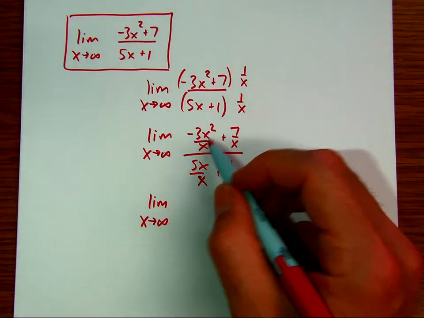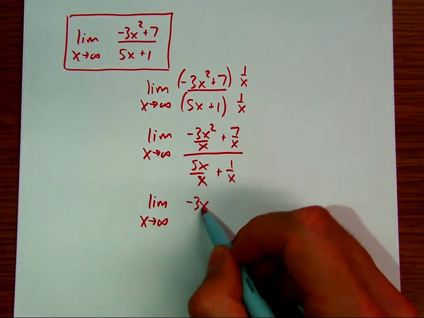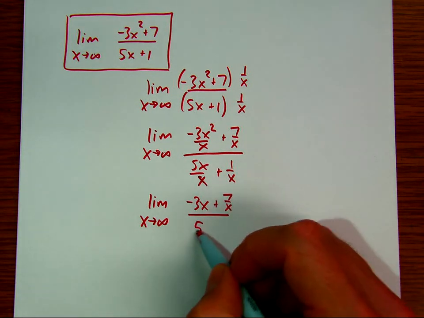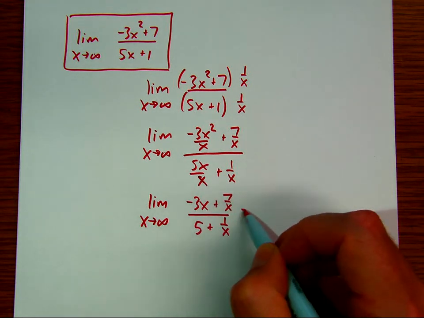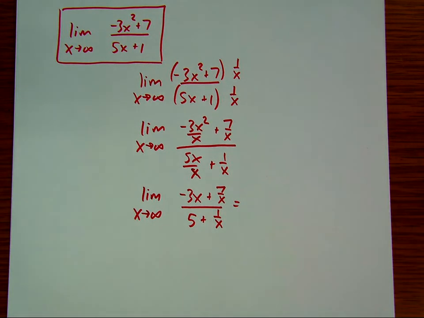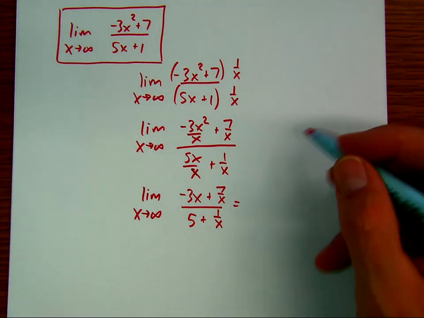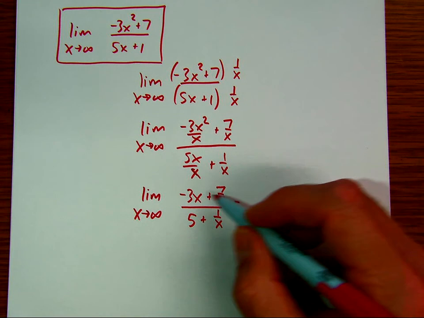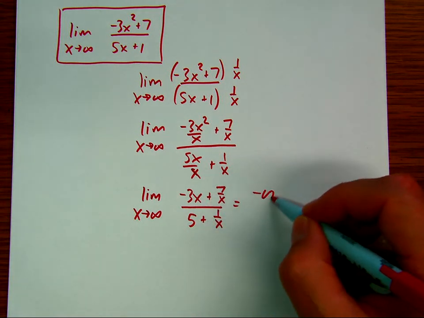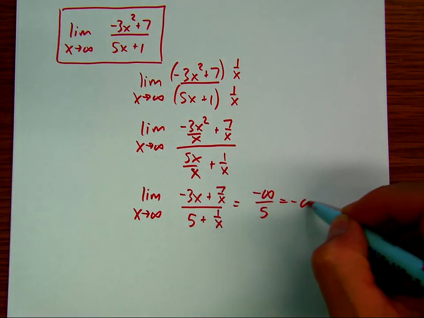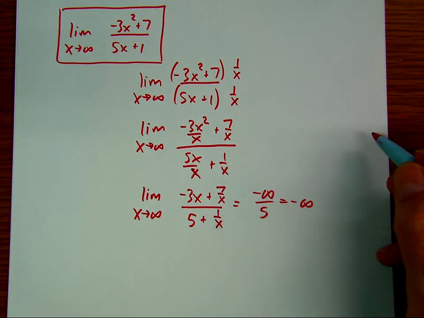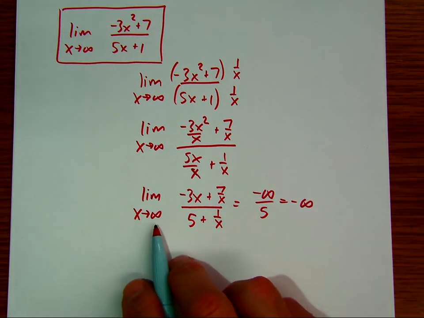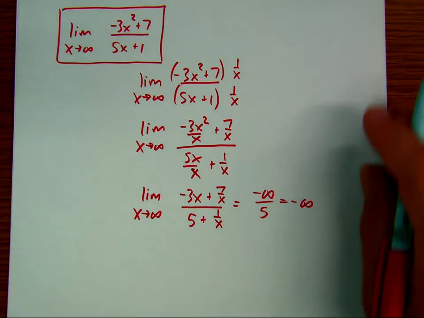So that reduces to negative 3x. This reduces to 5 plus 1 over x. And as x goes to infinity, that'll be 0, 0, 5, but that's negative infinity over 5. So the limit as we go to infinity is negative infinity.